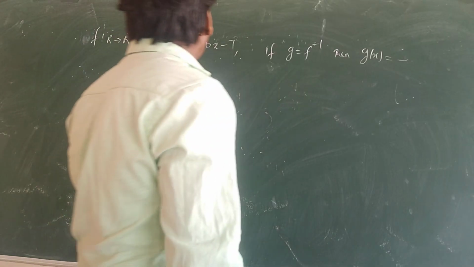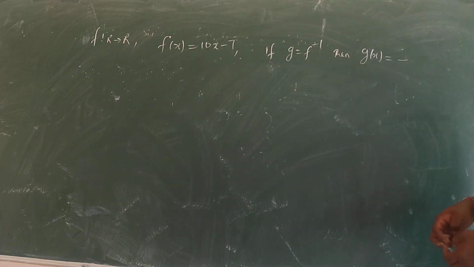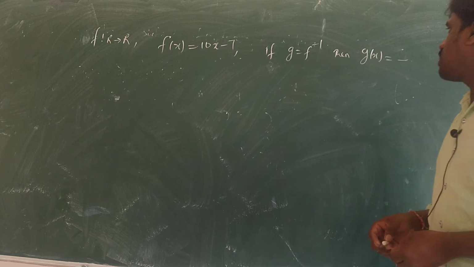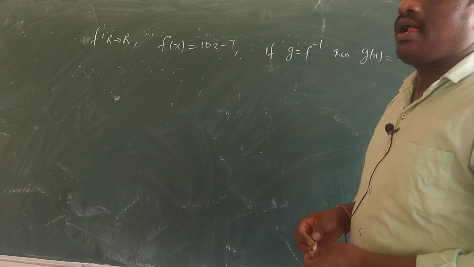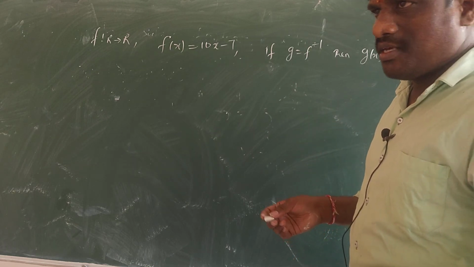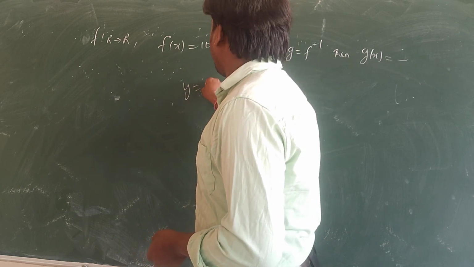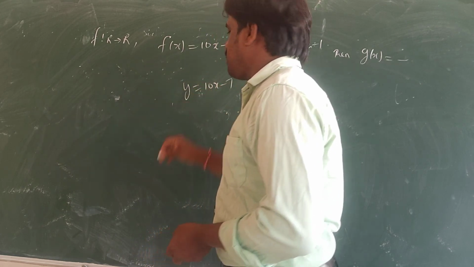So next question is f of x is equal to 10x minus 7. If g is equal to f inverse, then g of x is equal to dash. It is said g is equal to f inverse, very simple. So here y is equal to 10x minus 7.